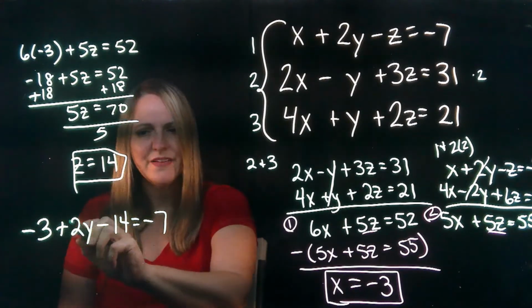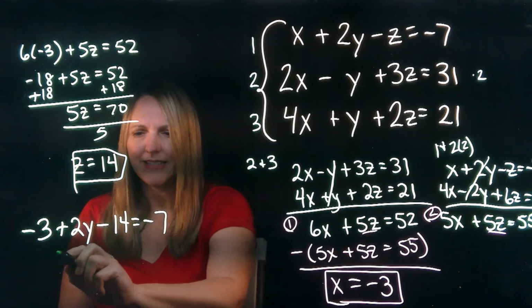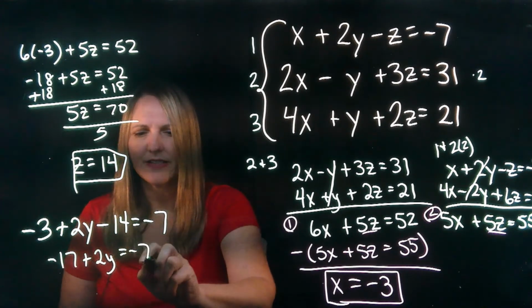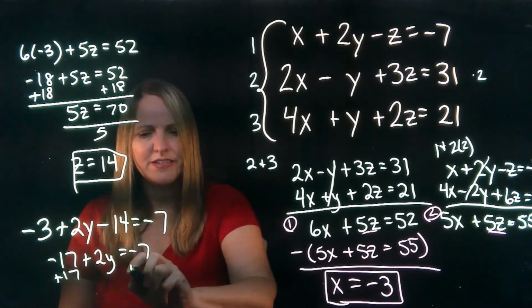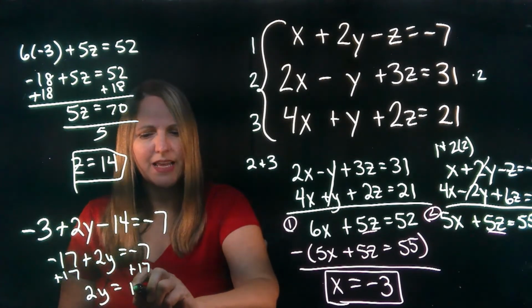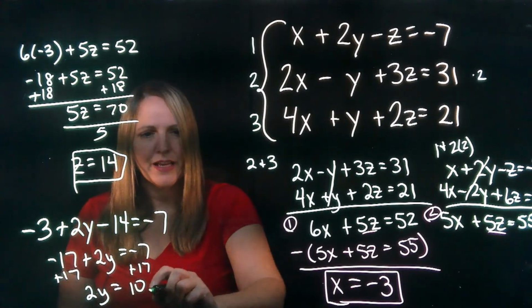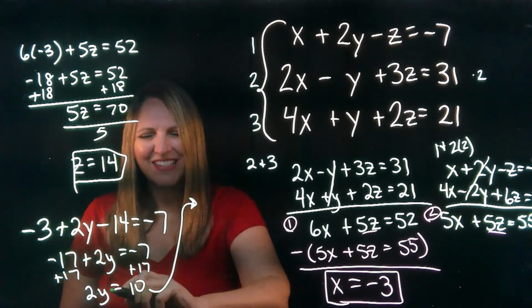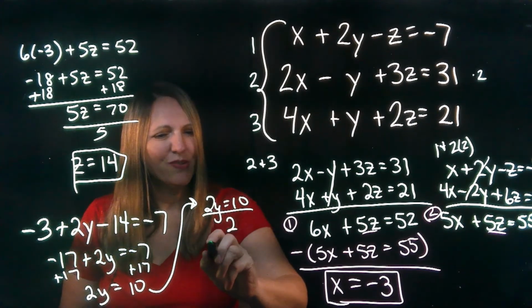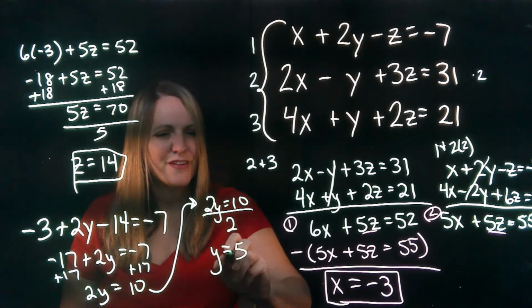So I have -3 minus 14, that's -17, plus 2y equals -7. I can add 17 to both sides, and I get 2y equals 10. I'll divide both sides by 2, and I find that y equals 5.